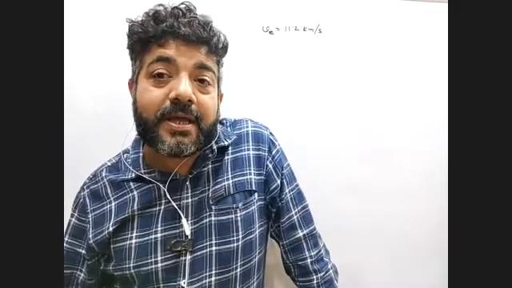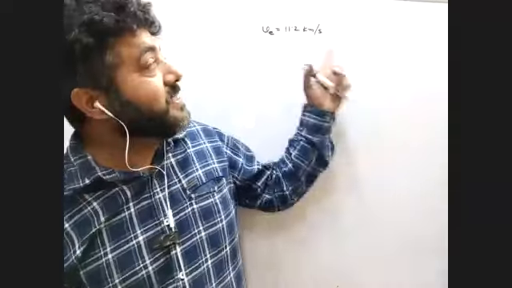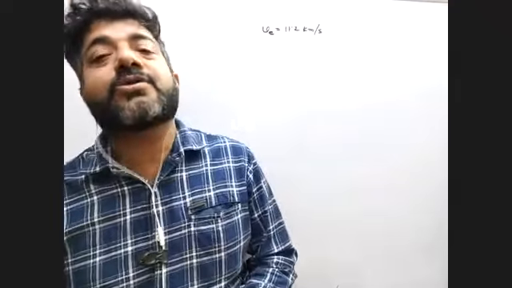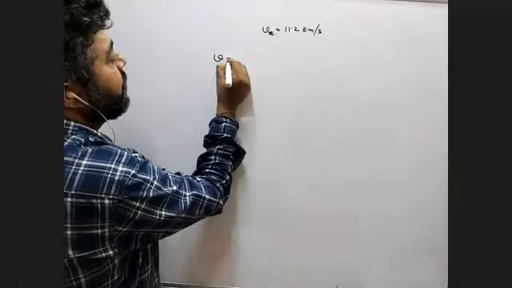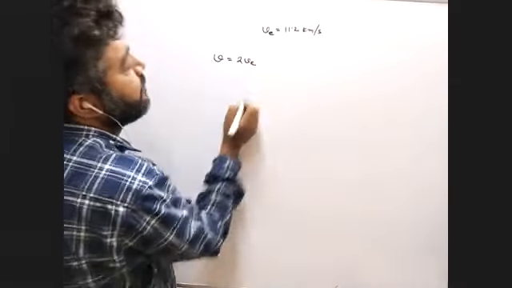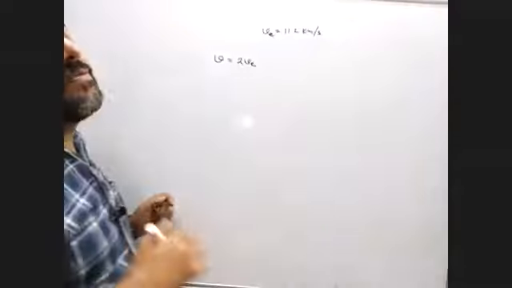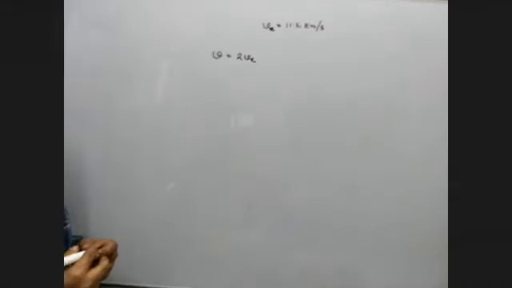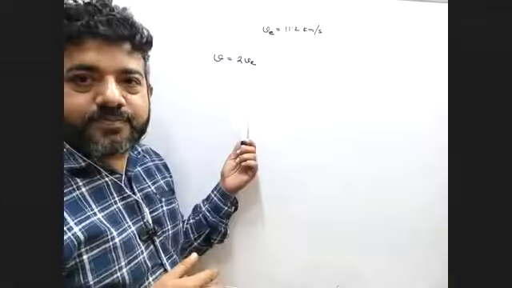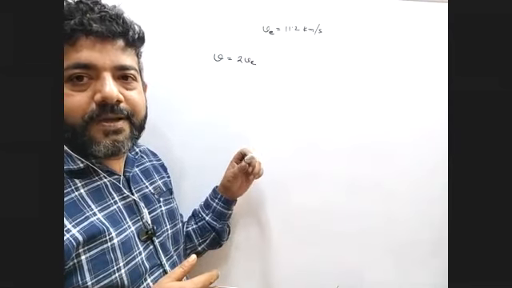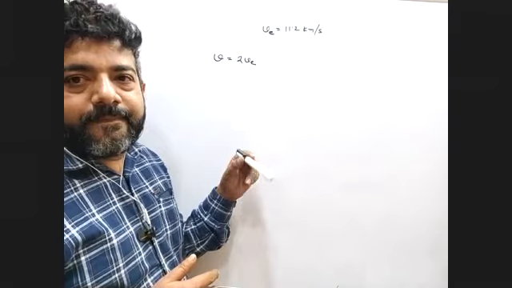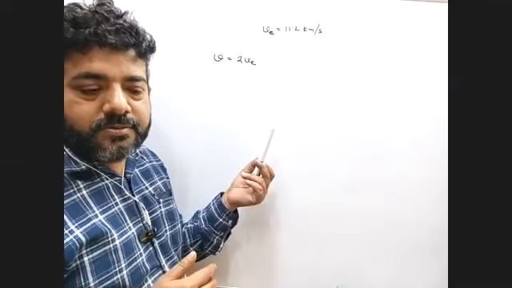Now, if the velocity is more than escape velocity, then it will move in space with some velocity, so they can ask you with how much velocity. Like if they ask, if we project a particle with velocity 2ve, with what velocity does it move in space?